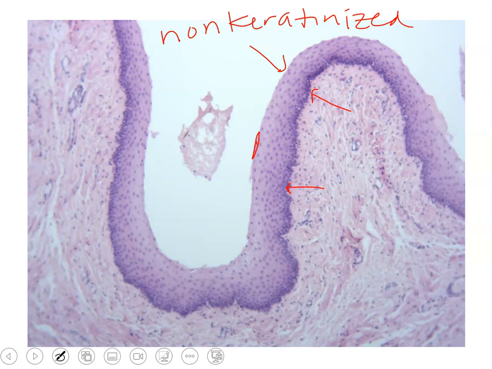So the basal cells of this epithelium are constantly undergoing mitosis. So non-keratinized stratified squamous epithelium, again, found within the body, specifically our mucous membranes, such as the oral cavity and the esophagus.